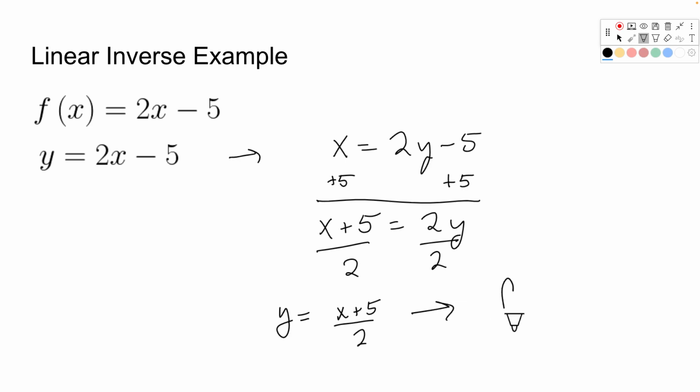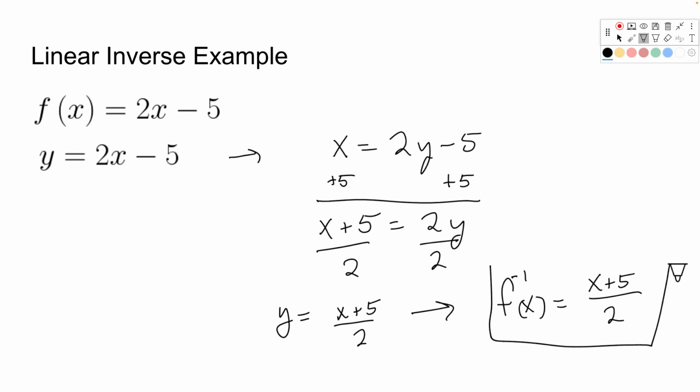I change that y to f inverse of x equals x plus 5 over 2. Again, that x is really the y from the first one, but we'll deal with it. A lot of times they want it this way. So I've got my inverse function and I've got my original function.